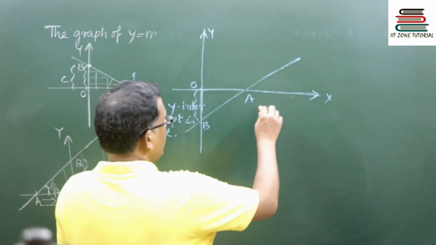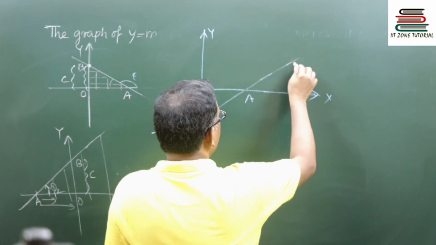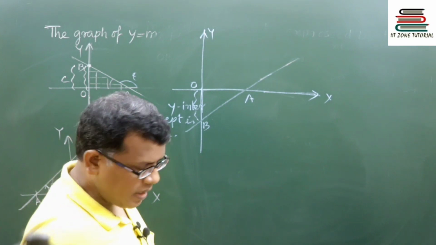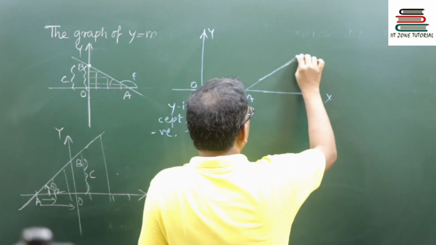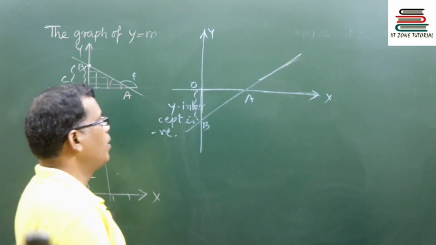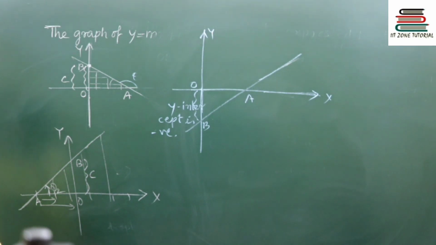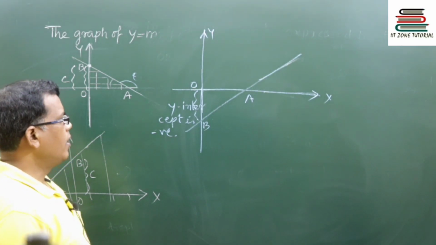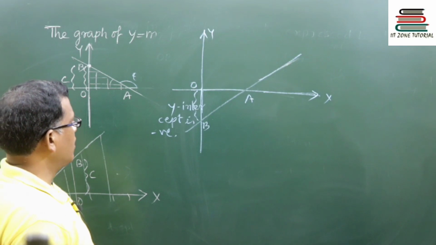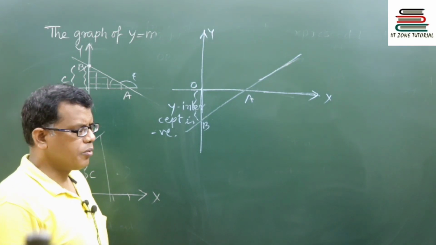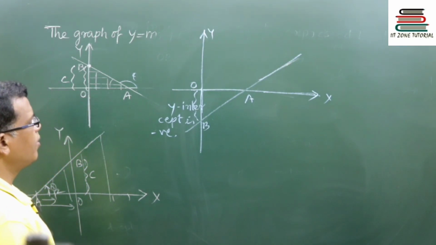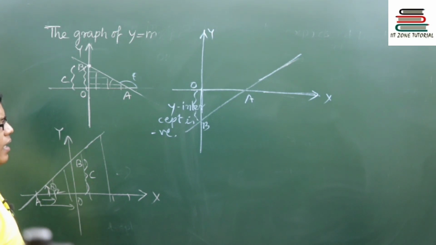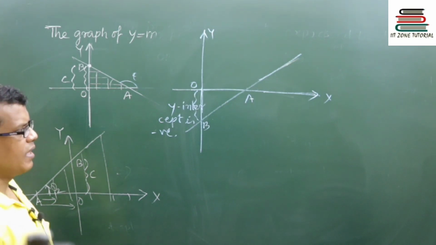Why? Because what did I say? I said that we must consider the angle to know the value of the slope, and that angle should be formed between the straight line used to represent the graph and the positive x direction.